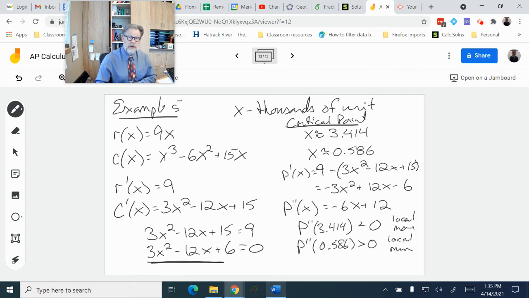And again, you don't actually have to do this calculation. I looked at this and said, 6 times 3 is 18, negative 18 plus 12 has got to be a negative number. 6 times a half is 3, negative 3 plus 12 has got to be a positive number. Save yourself time when you're doing these problems, because we're not interested in the value, we're interested in the sign of the second derivative.